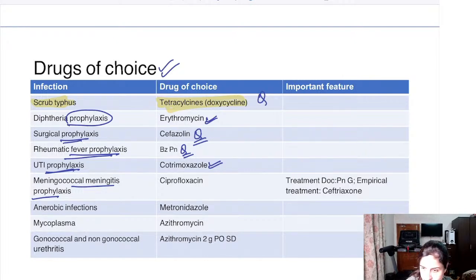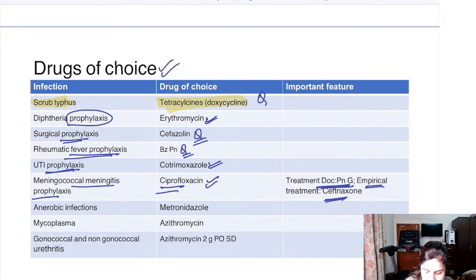Meningococcal meningitis prophylaxis is ciprofloxacin, okay. Treatment, drug of choice is penicillin G. Empirical treatment, ceftriaxone, okay.